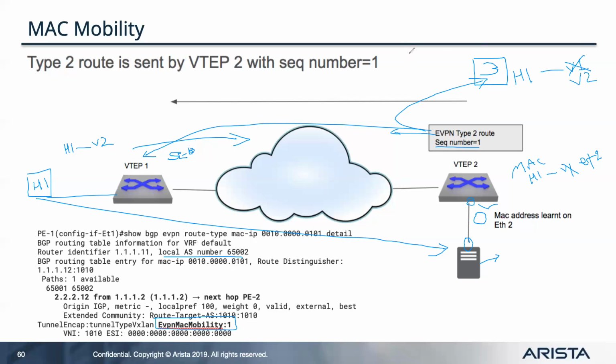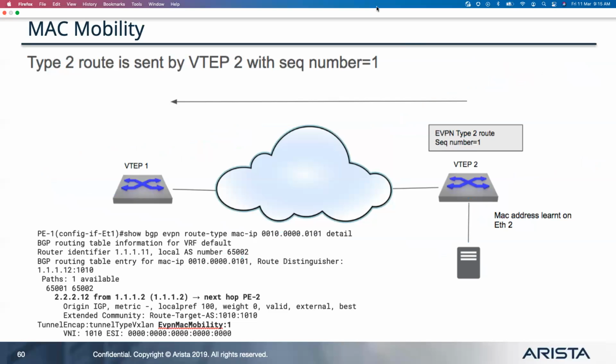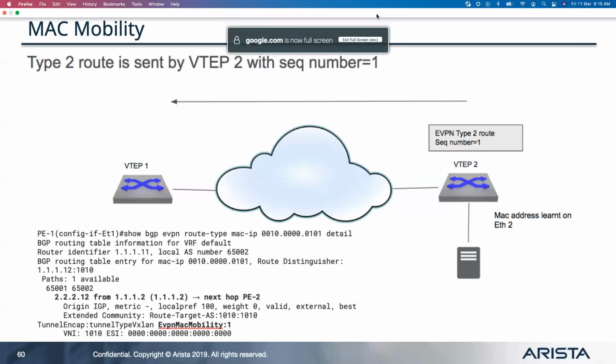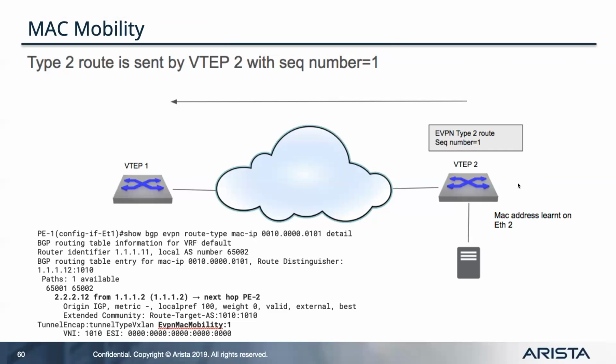Okay. Any question? Vishal, how does VTEP2 know that it has to generate the route with sequence number 1? Is it because the MAC address was learned on VX1 first? Yes. VTEP2 already has the BGP EVPN route, so it knows that there is already one route that has come, pointing to VTEP1.